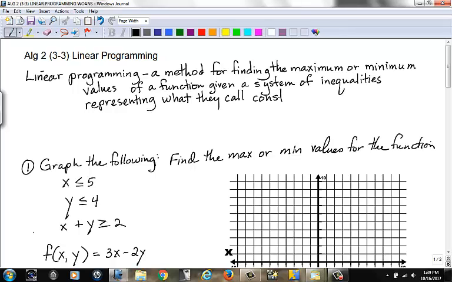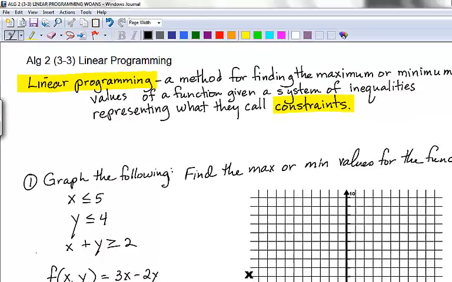Okay, so a couple new terms: linear programming, and the inequalities represent what they call constraints.